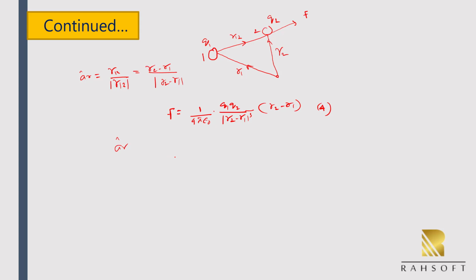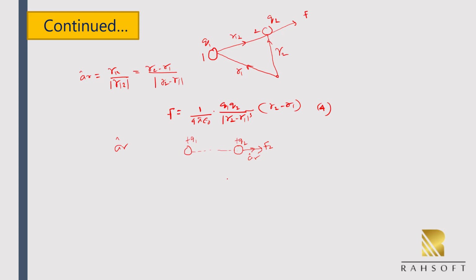If the charges are the same, we have this charge plus Q1 and this is another charge plus Q2. So the line joining these two charges here. In the case of like charges, this F2 and the unit vector AR are in the same direction.